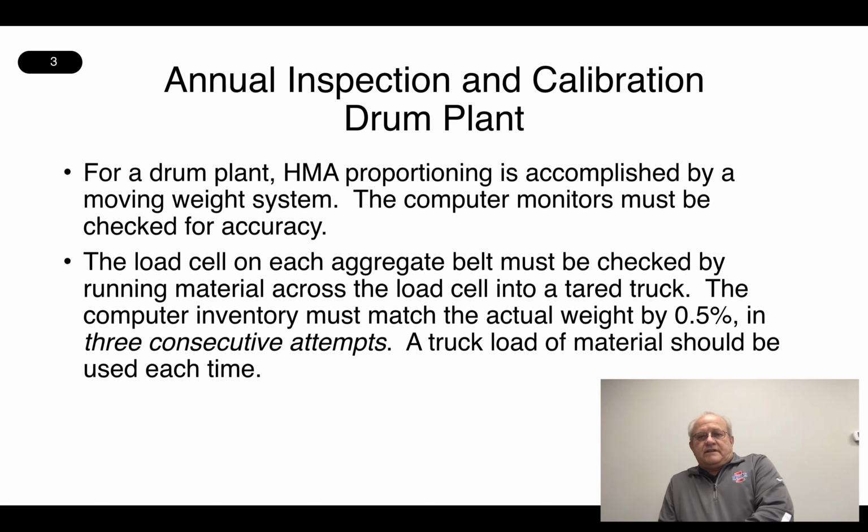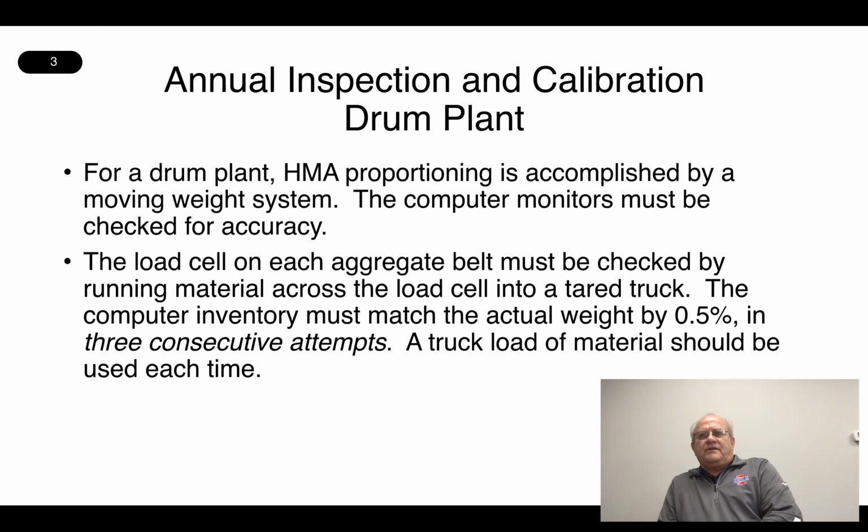The load cell in each aggregate belt must be checked by running material across the load cell into a tared truck, which means we know the weight of an empty truck. The computer inventory must match the actual weight within 0.5%. Everything at the asphalt plants in calibration mode has to be within 0.5%, 3 consecutive times. Everything you calibrate, 3 consecutive times, 0.5%.